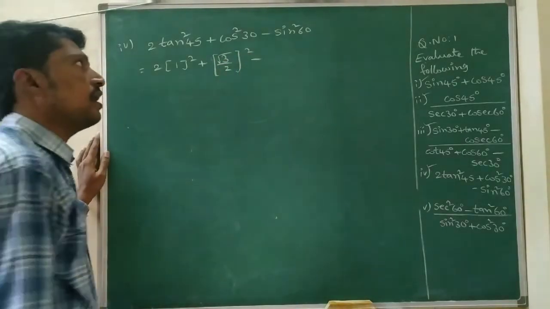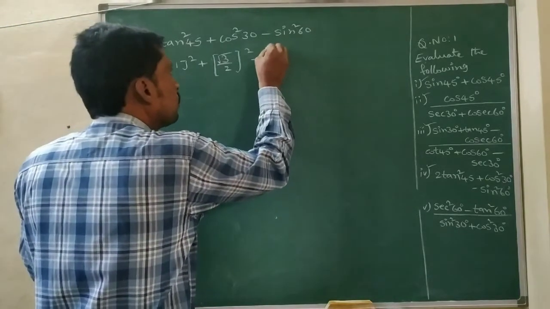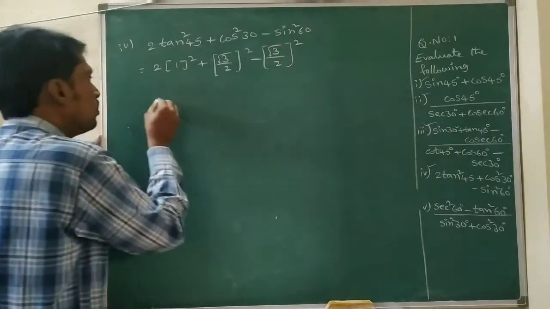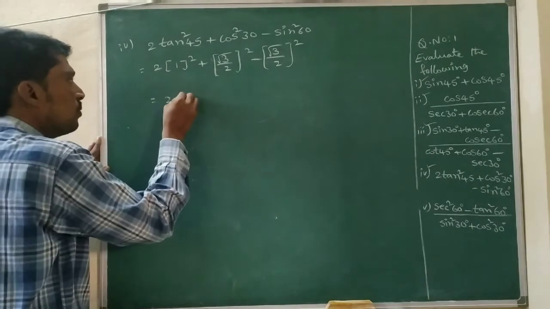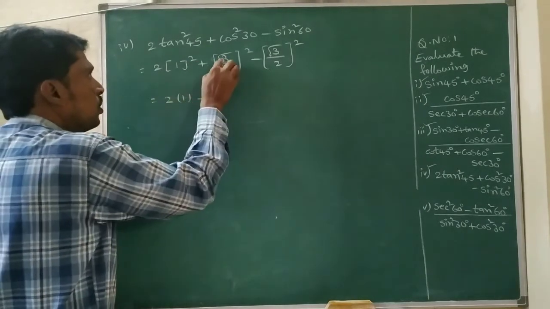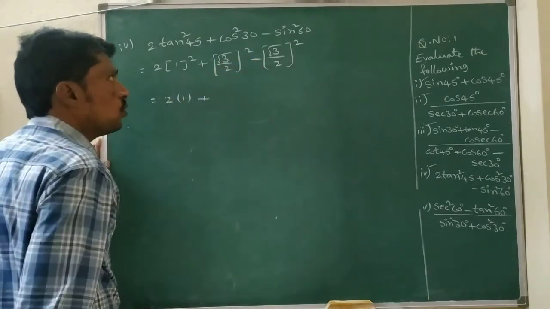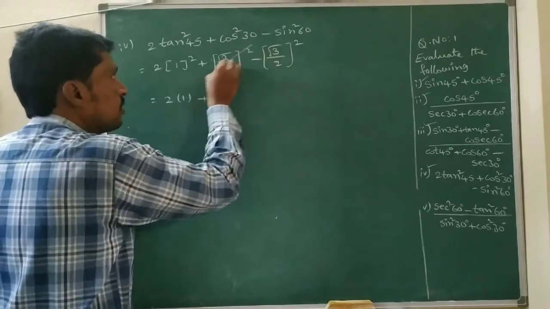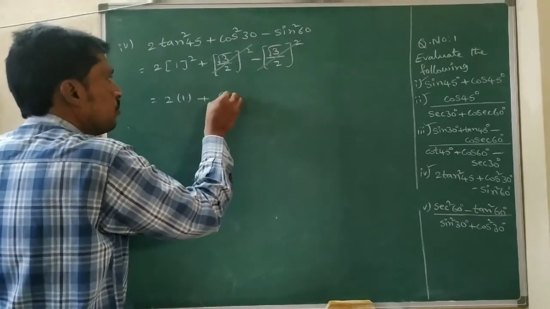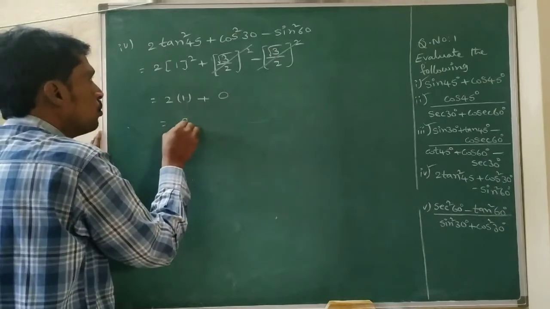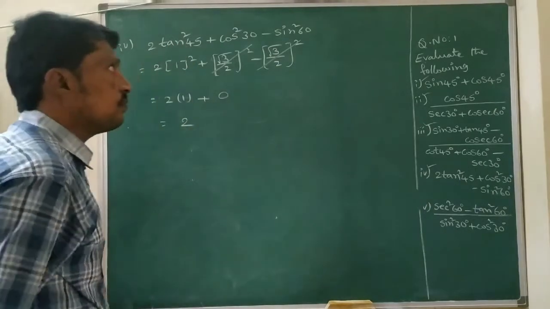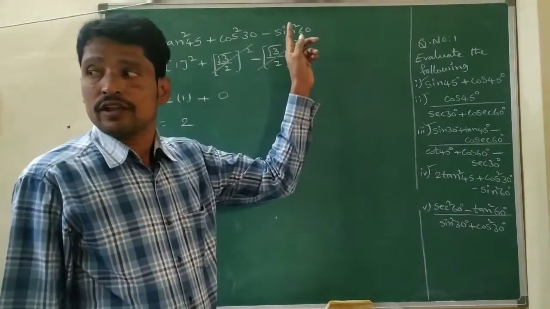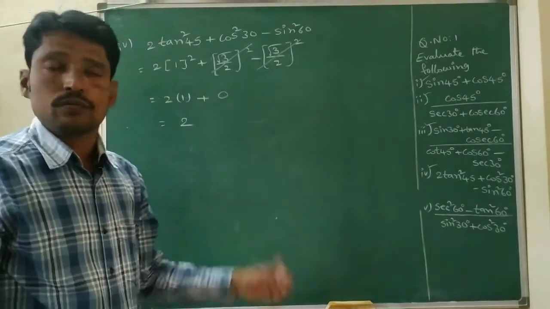So sin 30 value also root 3 by 2 whole square, that equal 2 into 1 square means 1 plus 3 by 2 whole square. 3 by 2 whole square, this is the plus. 3 by 2 whole square, this is the minus. This is plus 1, this is minus 1. Get cancel means 0. 2 into 1, 2. So 2 tan square 45 plus cos square 30 minus sin square 60 value, we got it 2.